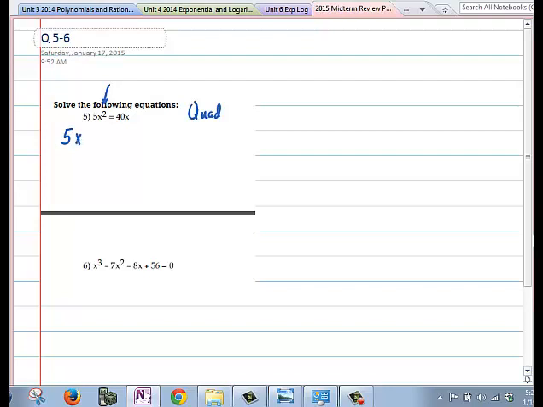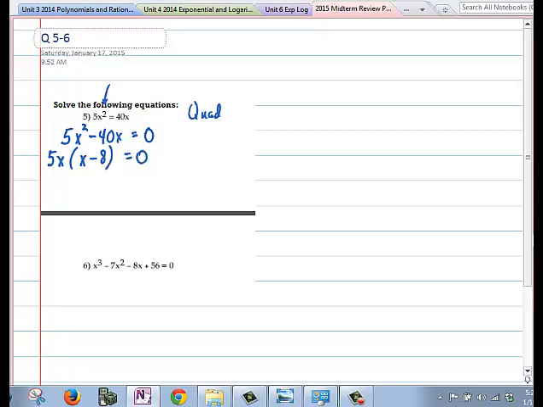So I'm going to bring 5x squared and subtract 40x to the other side, set that to 0. We've shown you so much work on factoring that we really hope you would incorporate that into solving this problem, where we're going to factor out the 5x and you're going to have x minus 8.